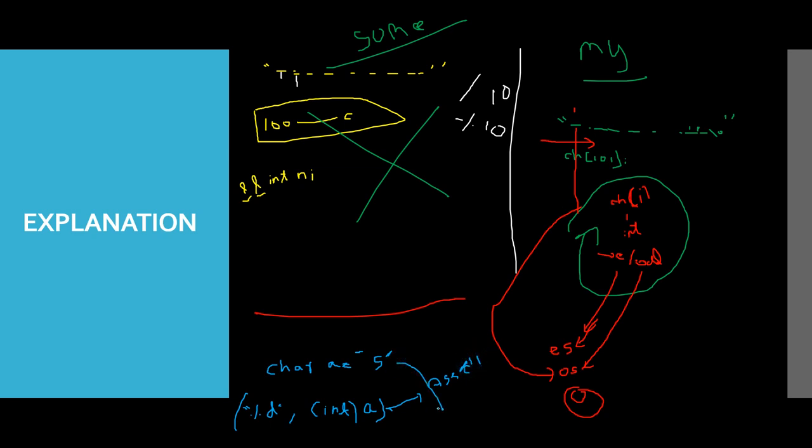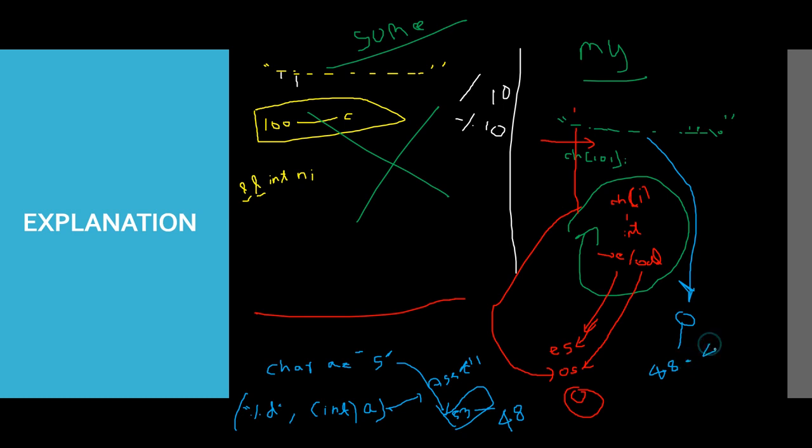The ASCII value of 5 is 53 if you look at the ASCII chart. But what we want is 5. How do we do that? You have to subtract 48, which is the ASCII value of the digit 0, from 53. So if we read the character 0, when converted to int we get 48.